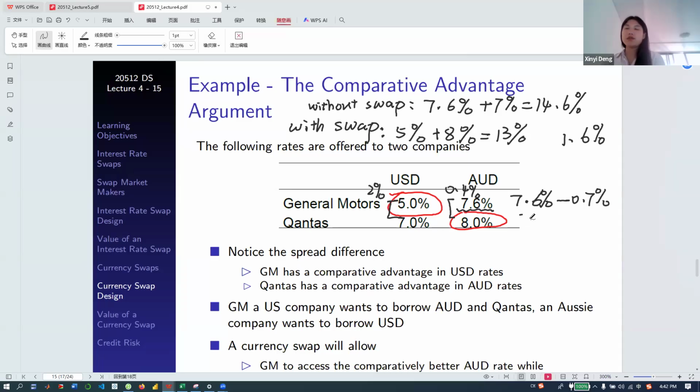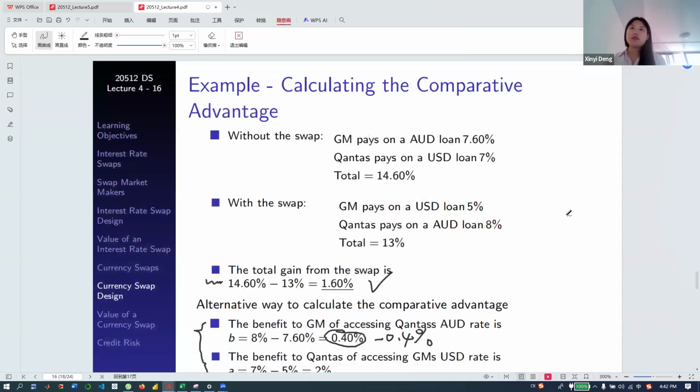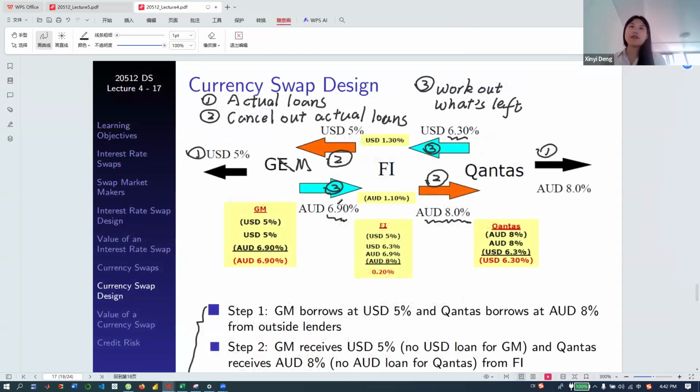And that's going to be equal to 6.9%. So that's how we get this AUD rate here. We basically utilize GM's AUD rate without the swap and subtract the gain from the swap. So that's how we get this one.